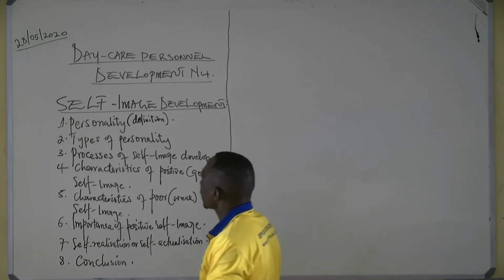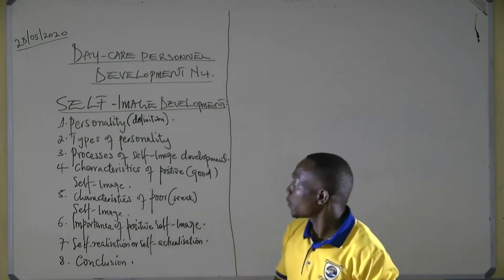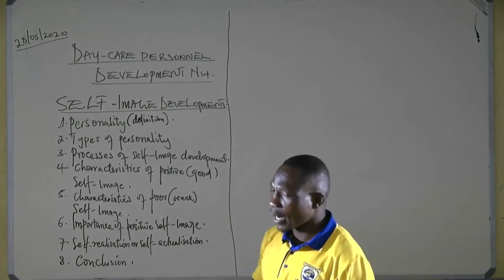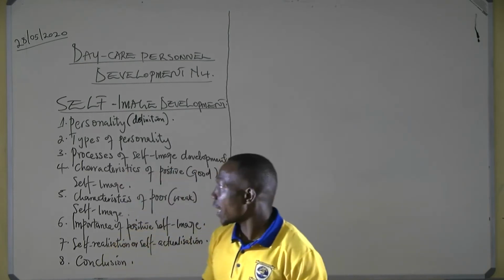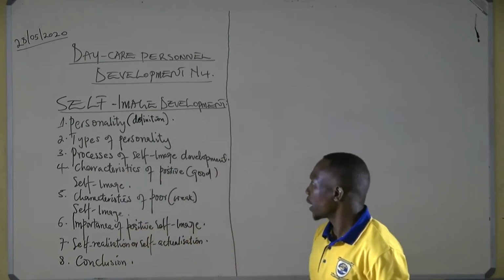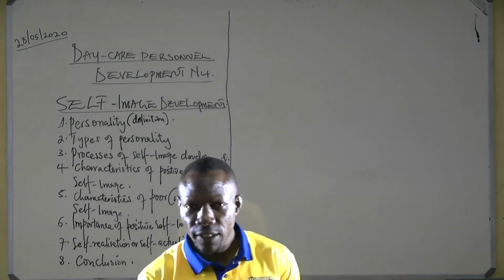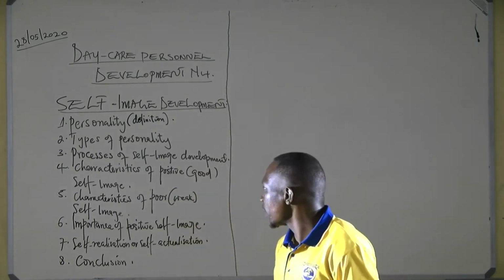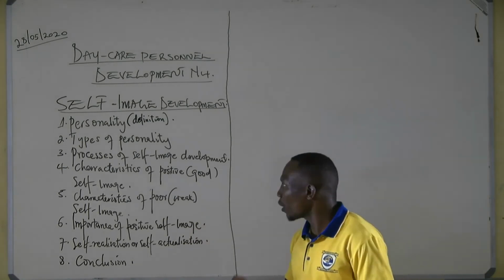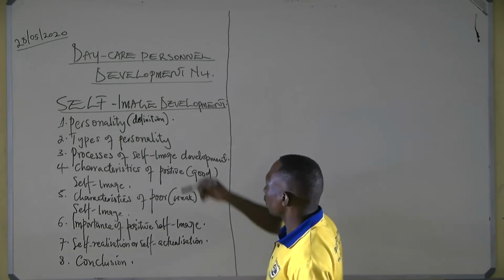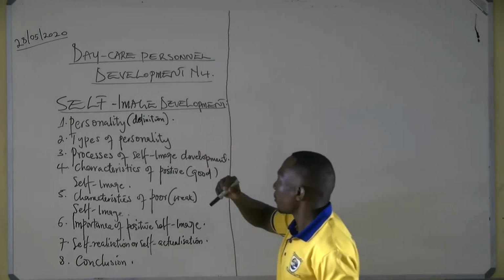We first need to note that on this earth there is no person that is exactly the same as another person. For that reason, it is important to note that a person's self-image determines his or her personality, and that leads us to what we call personality.